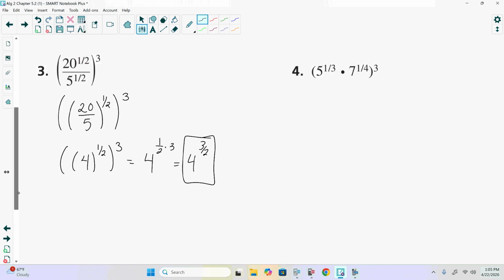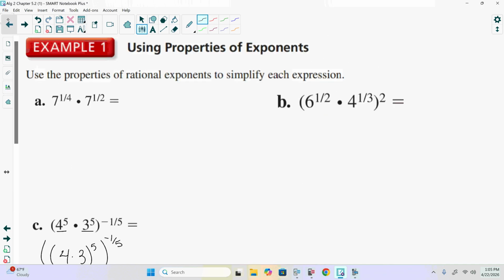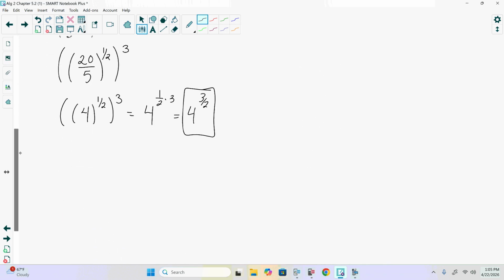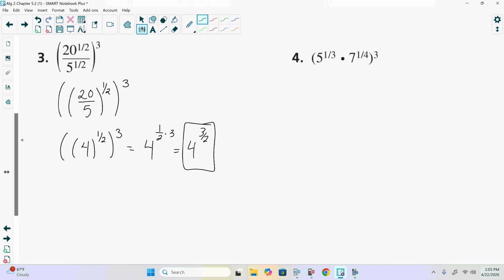Number 4, 5 to the 1/3 times 7 to the 1/4, all to the third power. Now the previous one we had like this, where they're both put to the same power, and we could pull that power out. We cannot do the same thing this time, because both exponents are not the exact same inside the parentheses. So all we can do is our power of a product, which means we're saying that we have 5 to the 1/3 cubed times 7 to the 1/4 cubed.